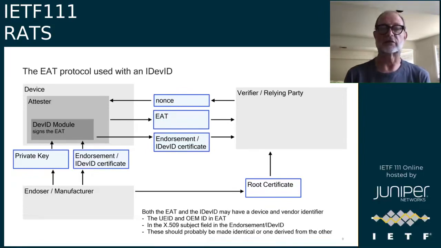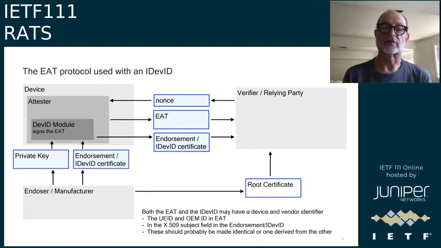Then the attester is something that just kind of surrounds or is larger than the Dev ID module. A nonce comes from the verifier or the relying party, and here I've just collapsed the verifier and relying party for simplicity. You can have that fully expanded too, but it wasn't necessary here.